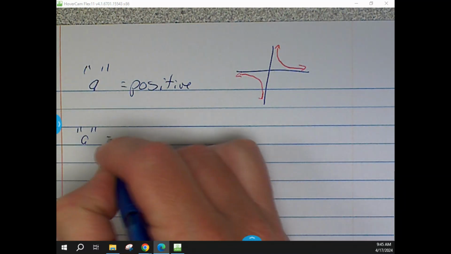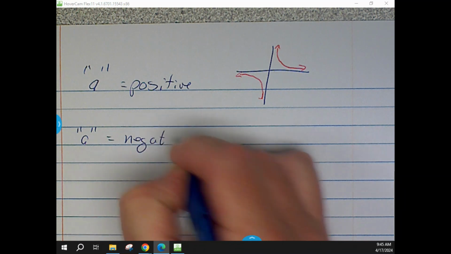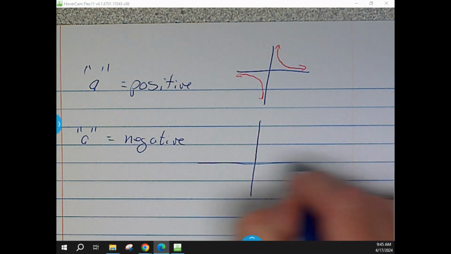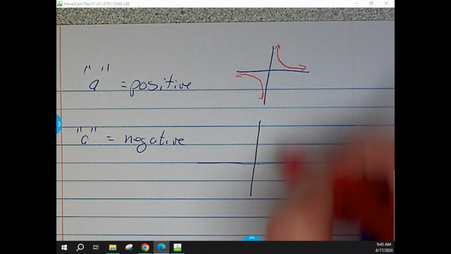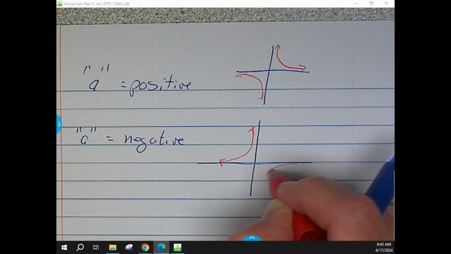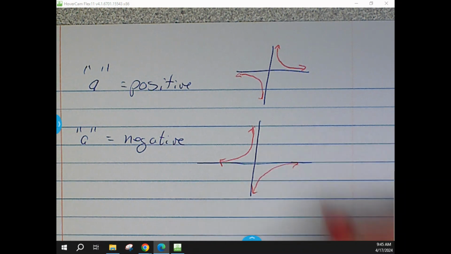And if a is negative, it's going to be in the other 2 corners. Instead of being here and here, it's going to be here and there.